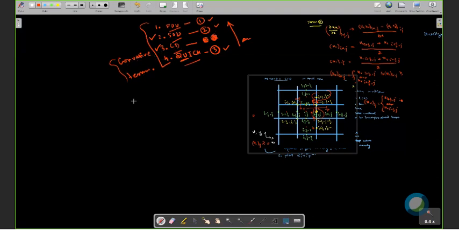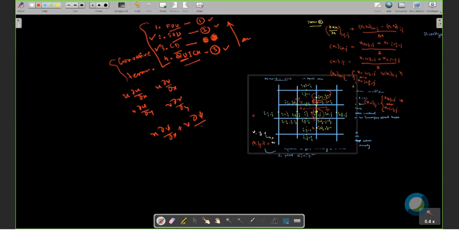We should know. So convection terms are like del u, del x, v, del u, del y. These are the terms. Or u, del v, del x, v, del v, del y. Or u, del phi, del x plus v, del phi, del y.